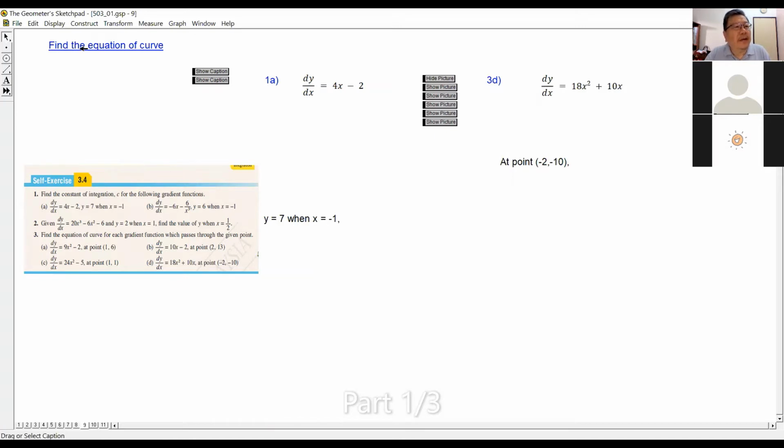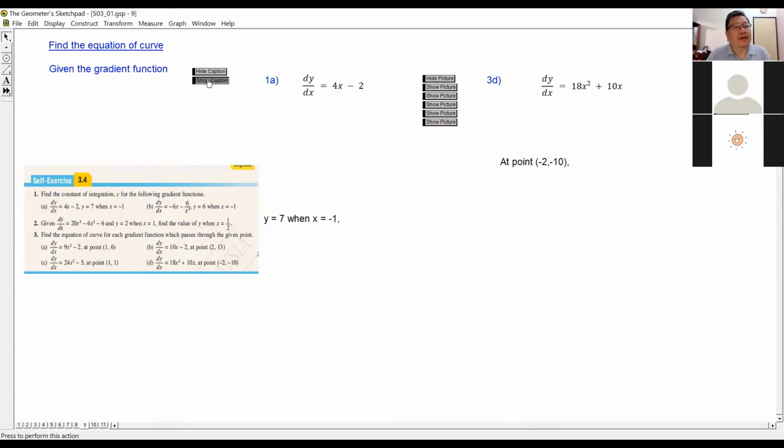Now, today we are going to learn about how to find the equation of a curve. You are given the gradient function. Not the equation of the tangent, but the equation of the gradient.